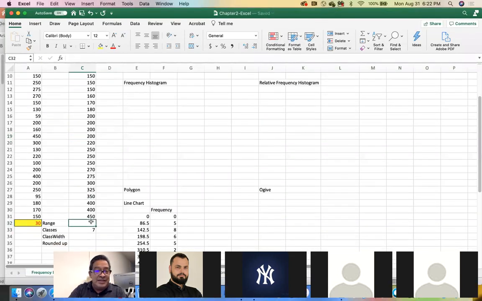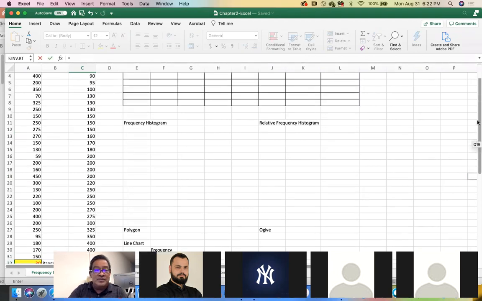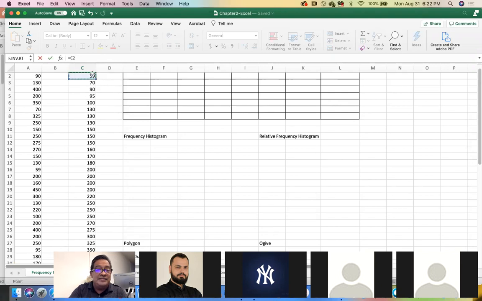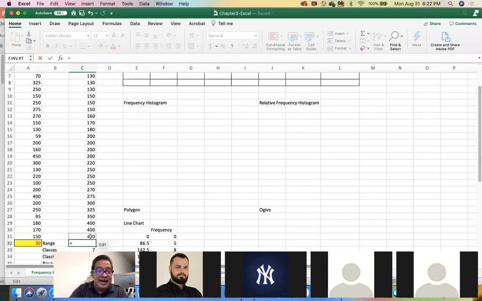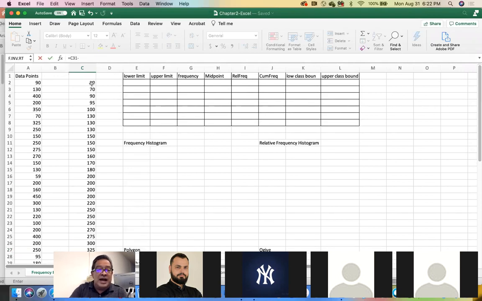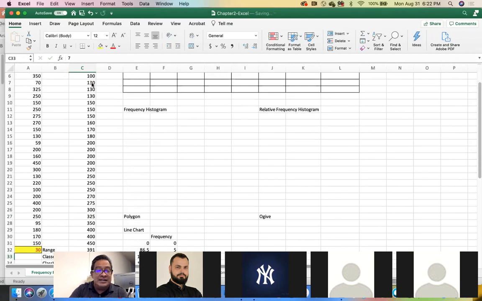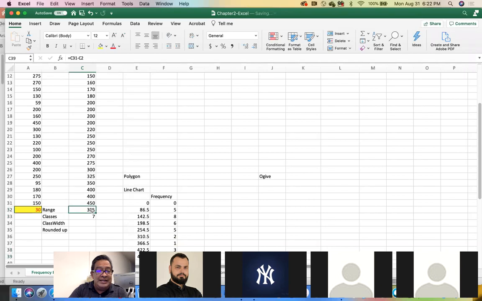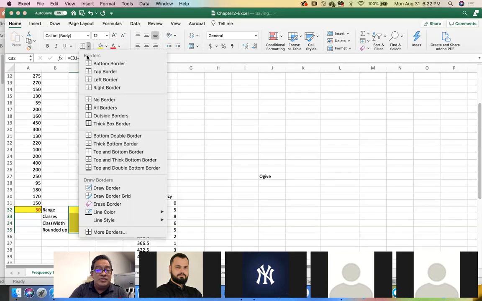In this case, the range is the highest value minus the lowest value, which is 59, sorry, it's the opposite. The range is defined by the highest minus the lowest. And we are gonna find the range. I'm gonna highlight this with yellow because those are pieces of information that we are including in our computations.